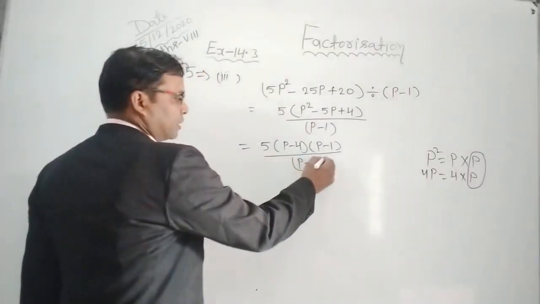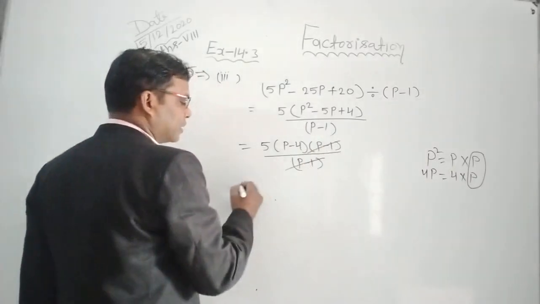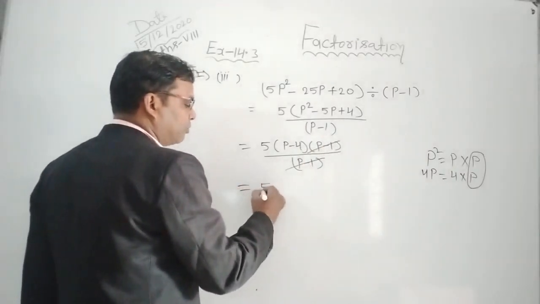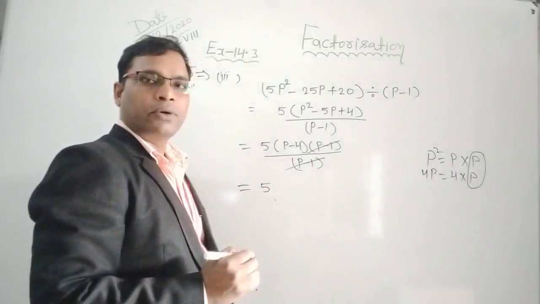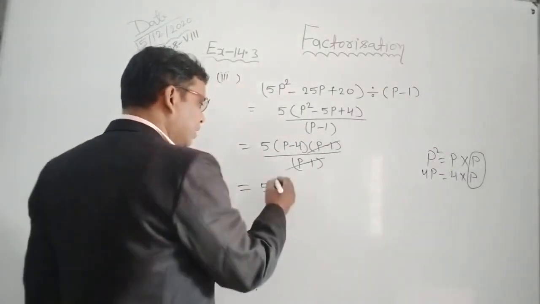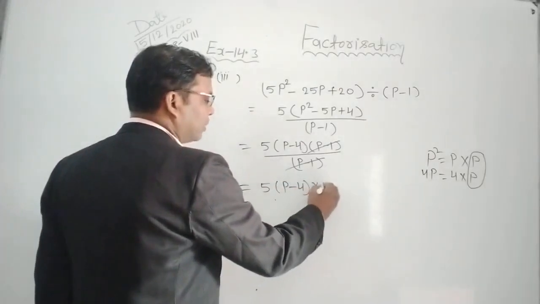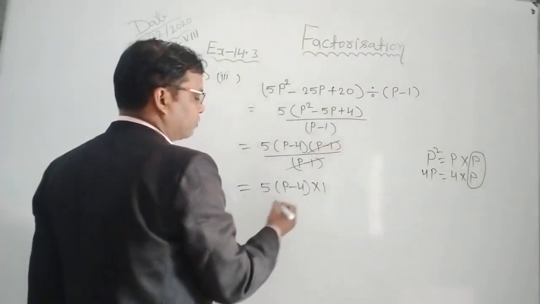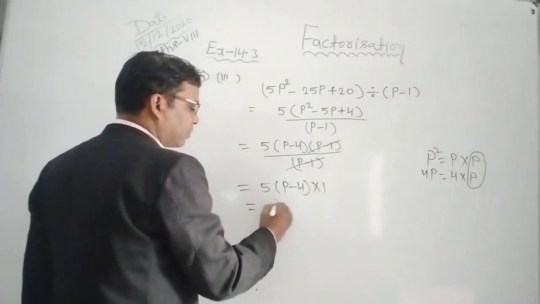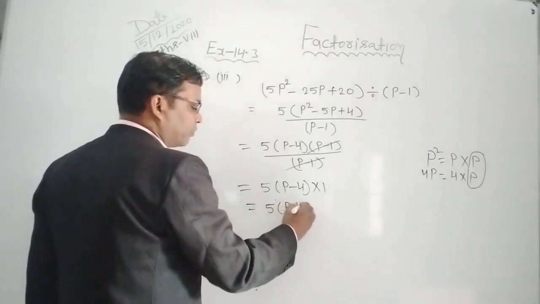So it will be cancelled, and you will get 1 if you divide the same numbers. So you can write 5 into p minus 4 into 1 when we divide p minus 1 by p minus 1. So we get 5 into p minus 4.